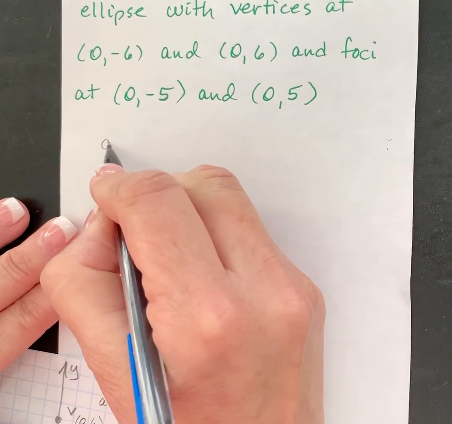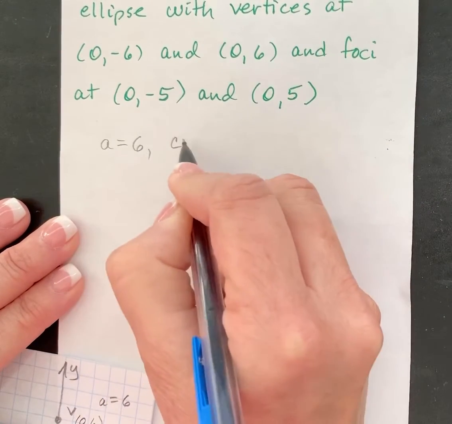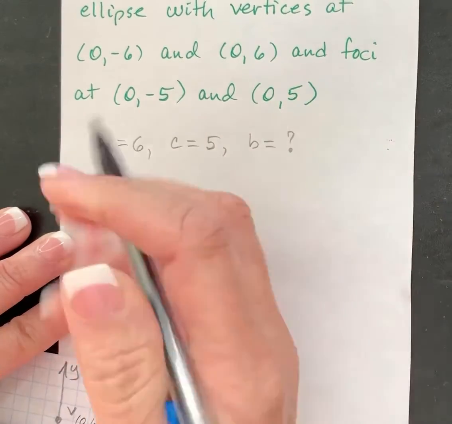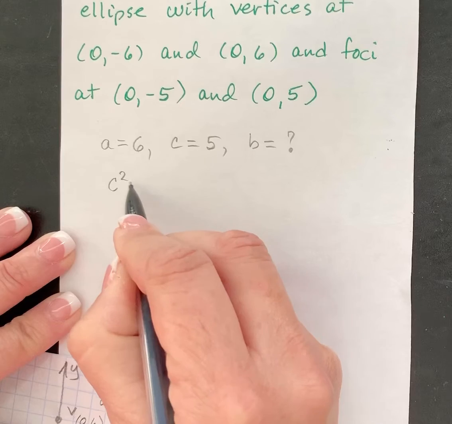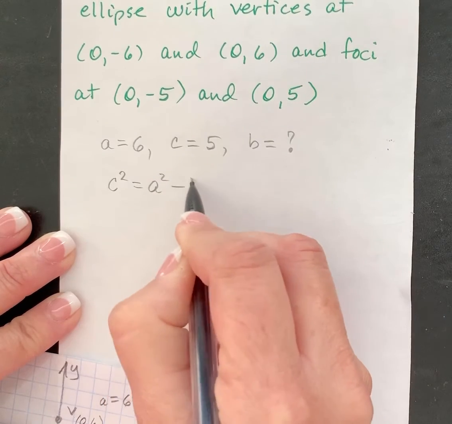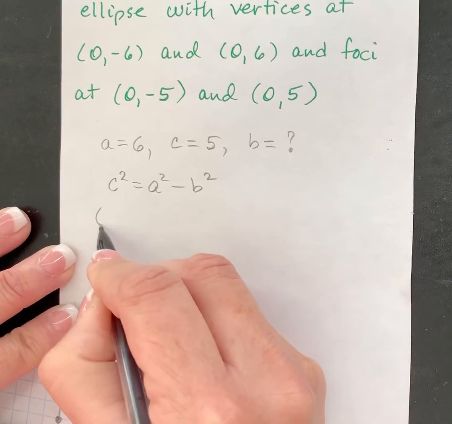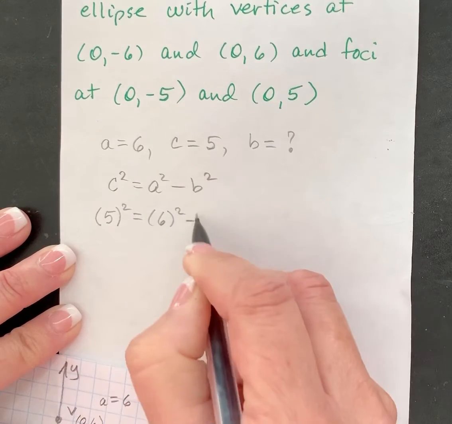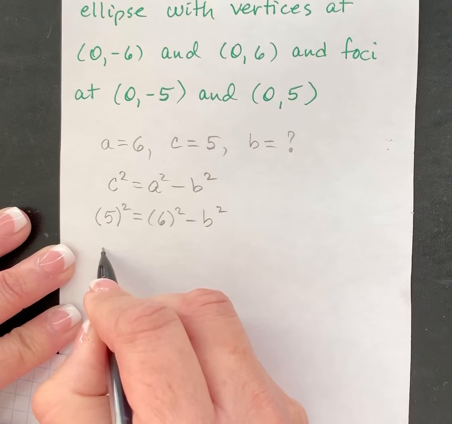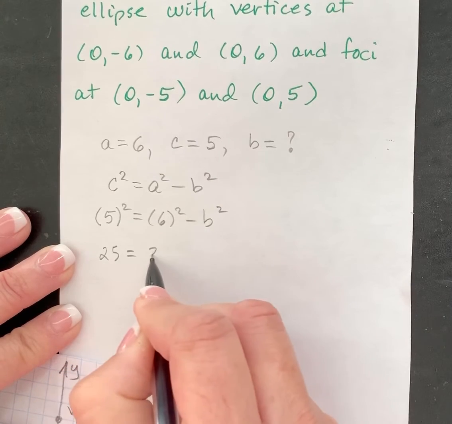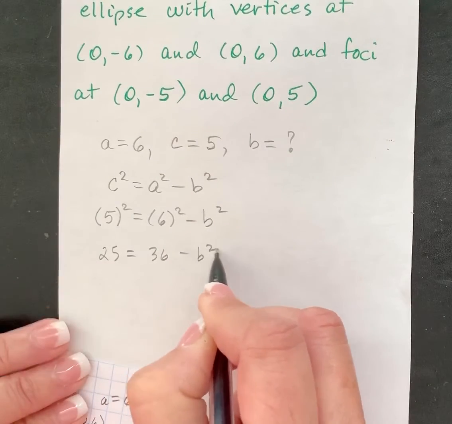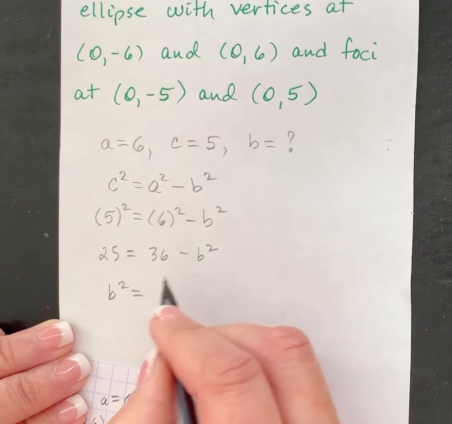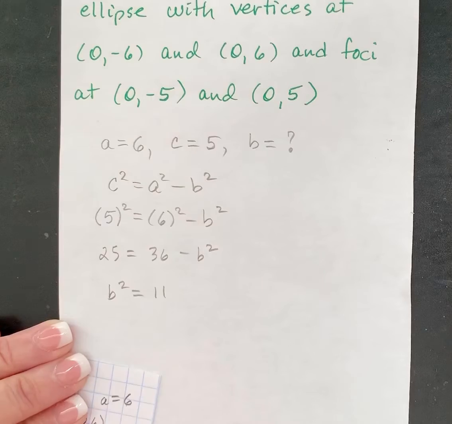So if a is 6 and c is 5, then b equals what? That's the basic question. The formula is c squared is equal to a squared minus b squared. So 5 squared is equal to 6 squared minus b squared. So 25 is equal to 36 minus b squared. So b squared is equal to 36 subtract 25, so that would be 11.